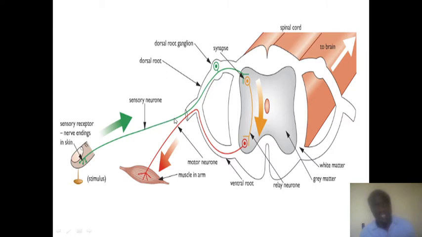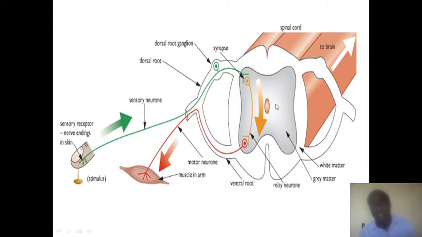As you can see, it enters the central nervous system through this point we call the dorsal root, and then it goes where it is connected to the relay neurons. Then the relay neurons connect the impulse to the motor neurons. Then the motor neurons transmit the impulses to the muscles in the arm, and then the muscles contract, and then you withdraw the finger away from that pin, and then you'll be protected.